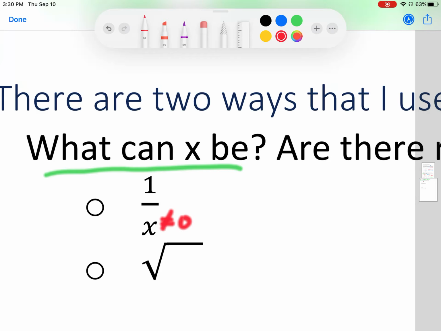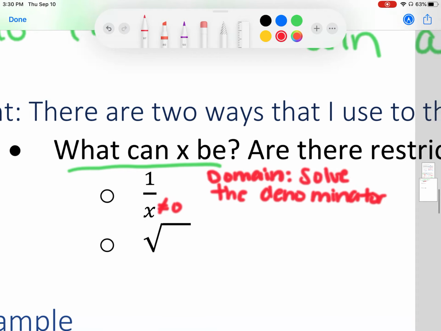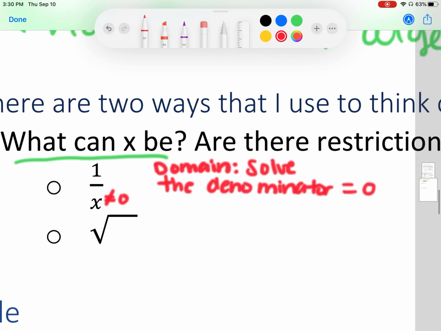So when you're trying to find the domain of a fraction, you want to go ahead and solve the denominator. Set it equal to 0, and that will tell you what x can't be. Or you can also set it to x not equal to 0 and treat it the same way.